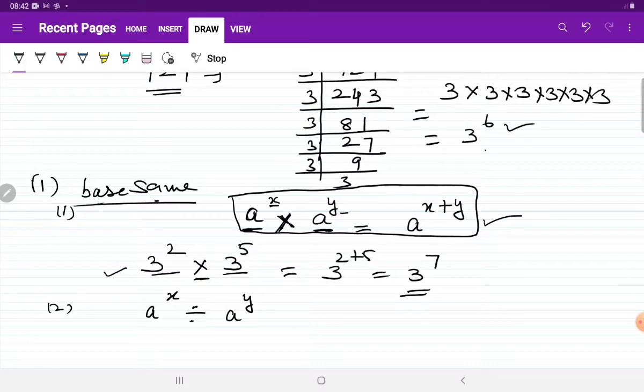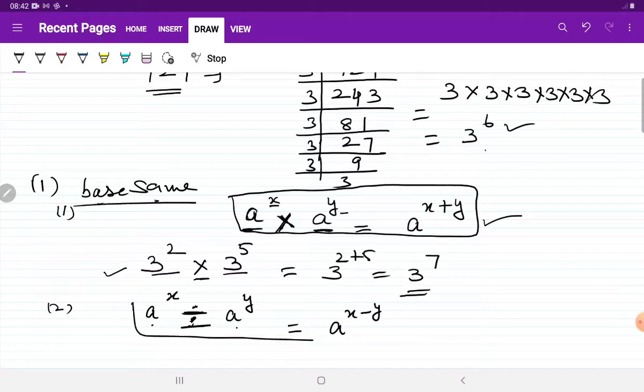Only the difference is here, I am taking the sign of division. Base is the same, a and a, exponents are different, the sign is division, so the powers will subtract: a raised to power x minus y.